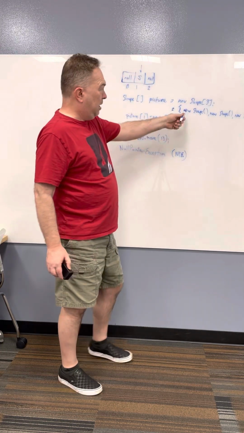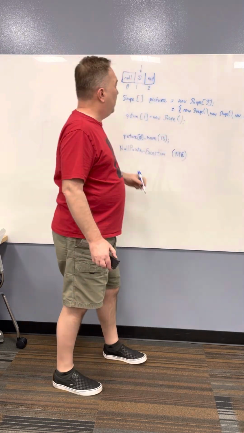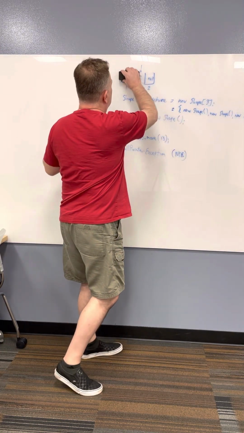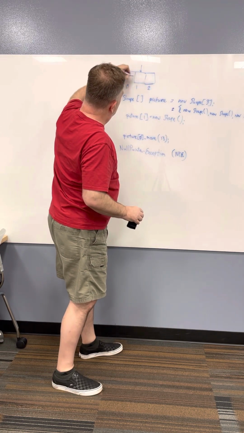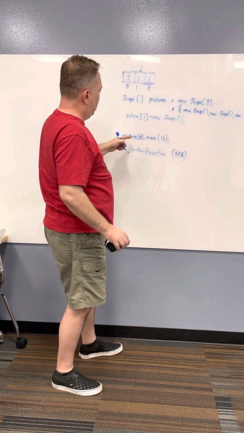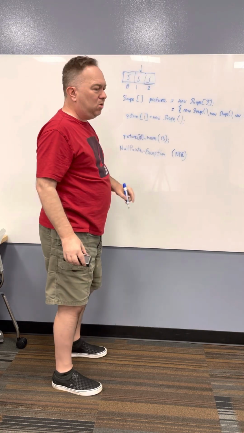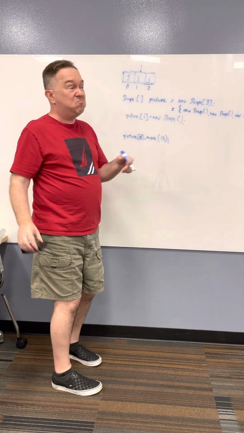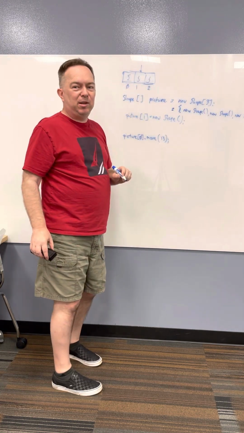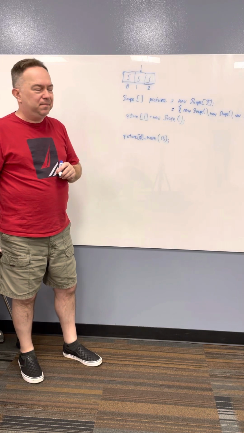Okay, so in this case, I created 3 actual shapes. So in here, instead of null, null, null, I have a shape, a shape, and a shape. So picture 0.move would not give me the NPE. It would say, sure, fine, because there's valid values in each one of those elements.